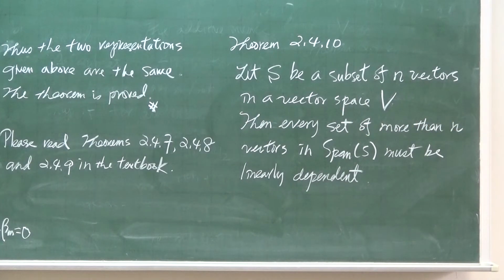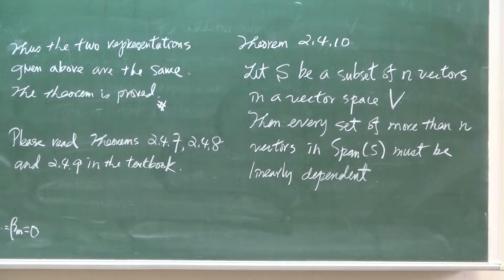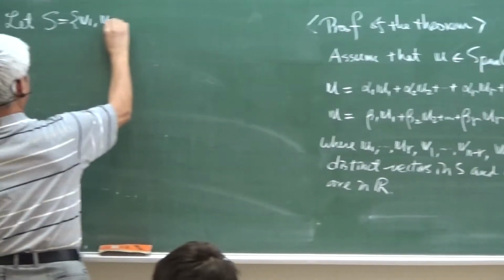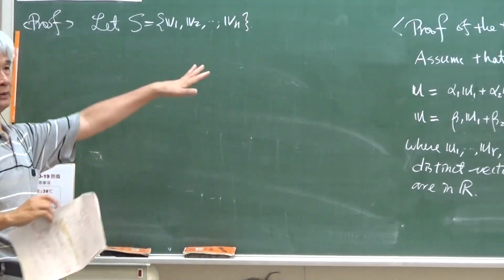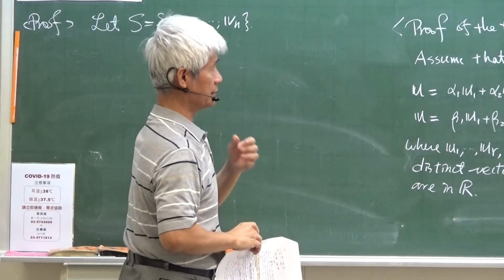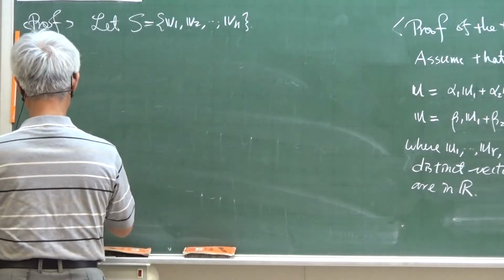Okay, so with the proof. Let X equal V1, V2 up to Vn. So X is a set of n vectors.